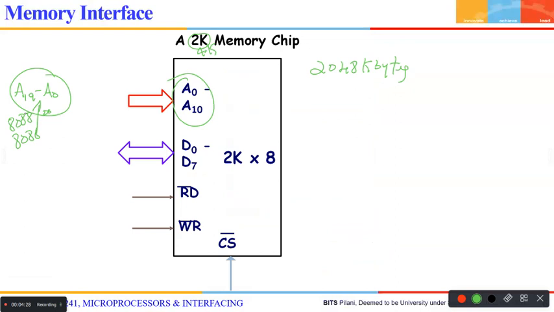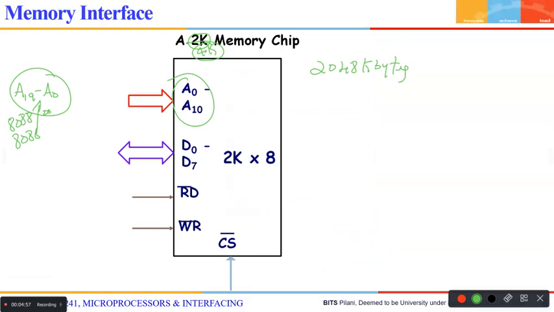Now, look at this memory device, of size 2K. To locate a particular memory location in this memory, you need how many address lines? 11 address lines. And I have told you for 4K, you require how many address lines? 12 address lines.